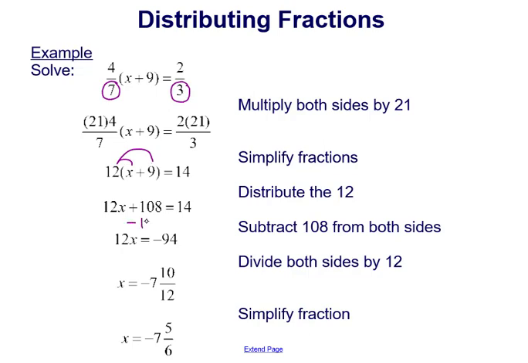We'll then subtract the 108 from both sides, leaving us with 12x equals -94. Then we'll divide both sides by 12 using those inverse operations, which gives us that x equals -7 and 10/12, and then we can simplify that 10/12 that has a factor of 2 to give us our final solution here of x equals -7 and 5/6.